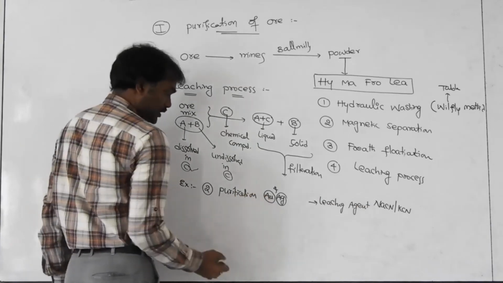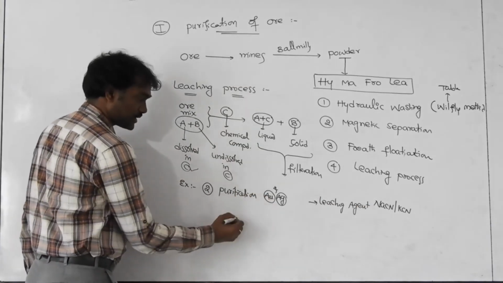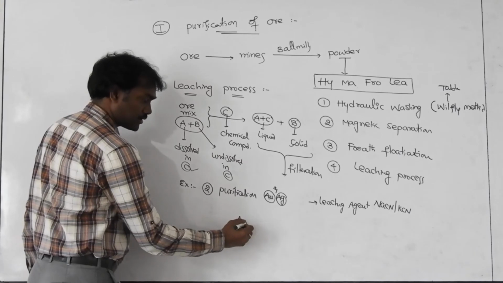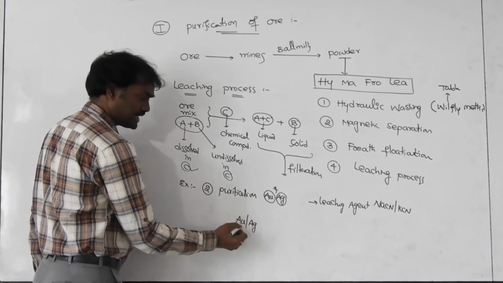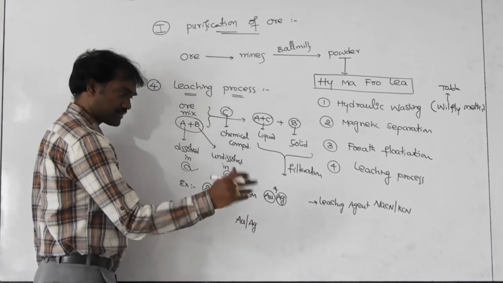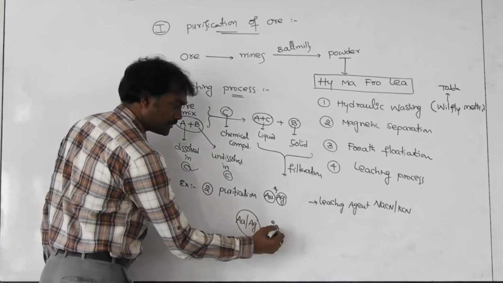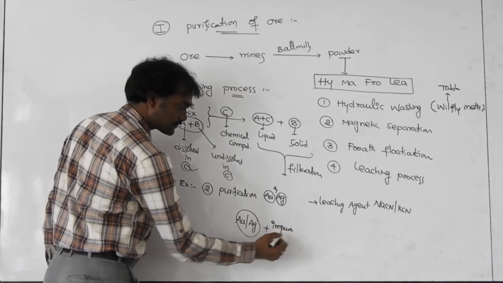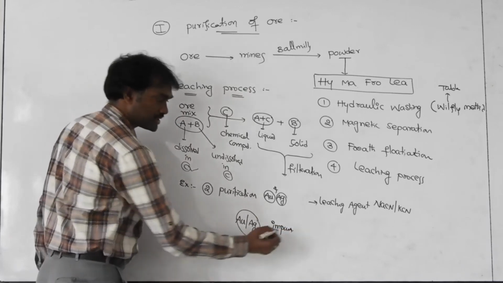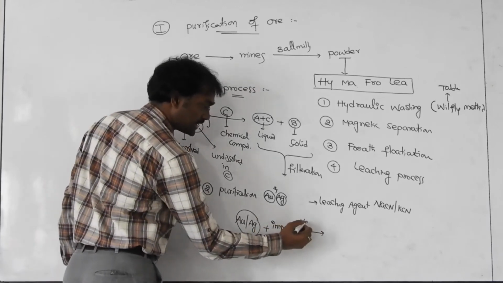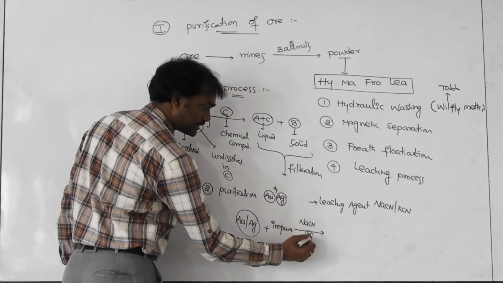Gold and silver are generally available in the native state, otherwise in a compound state also; not a problem with impurities. Now we are going to separate this. It is treated with NaCN or KCN.